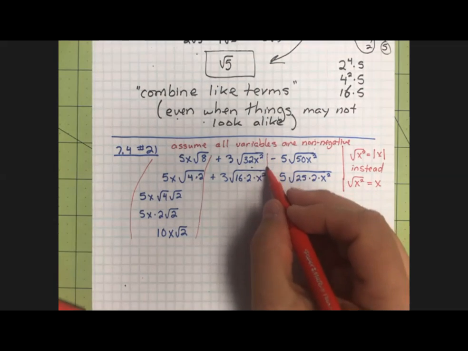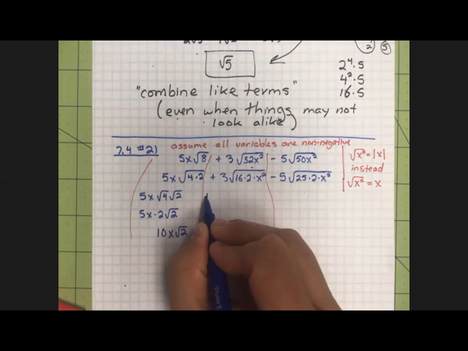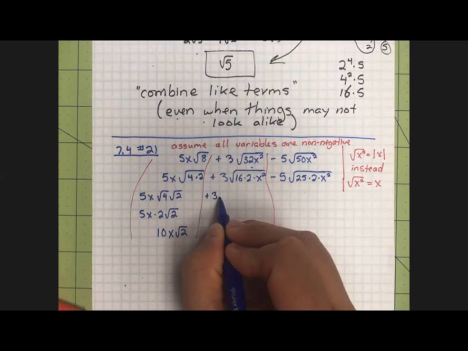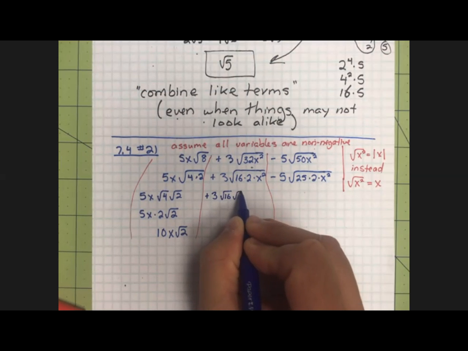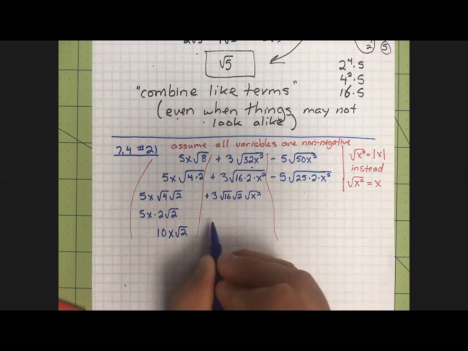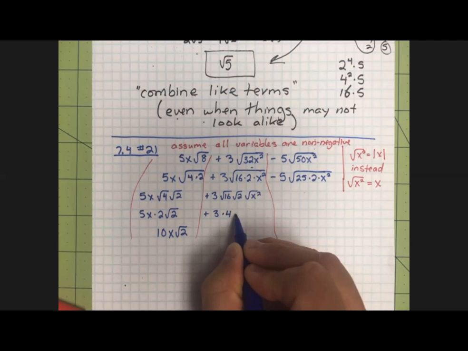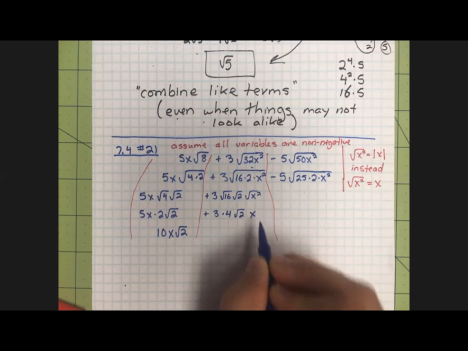Let's look at the second piece. 3 times the square root of 16 times the square root of 2 times the square root of x squared. So that's 3 times 4 times the square root of 2 times x.